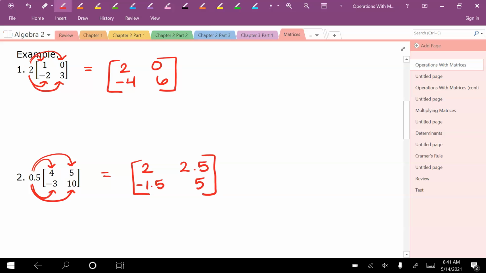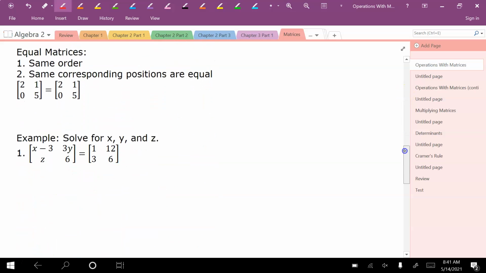Okay, so check yours and make sure that you got the same numbers I did there. All right, let's go to the next page here.